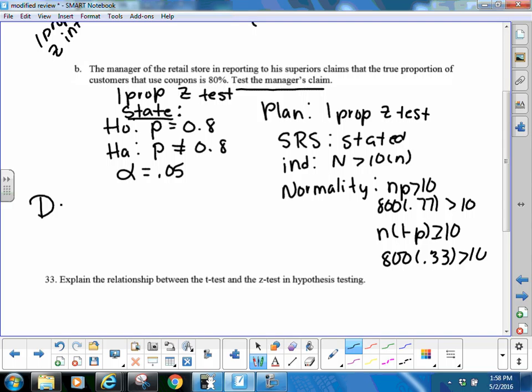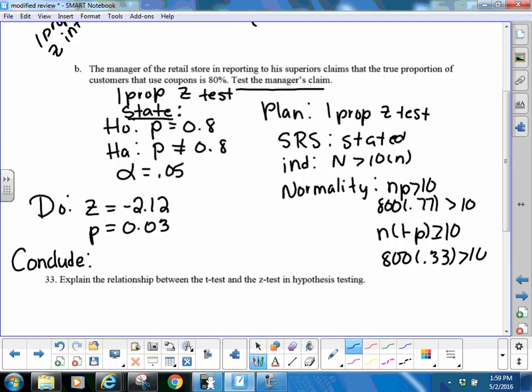Then for the do, we want our critical value, which is our z. Your calculator will give that to you, and then your p is 300s. So p is low this time. So what do we do when p is low? Reject it.